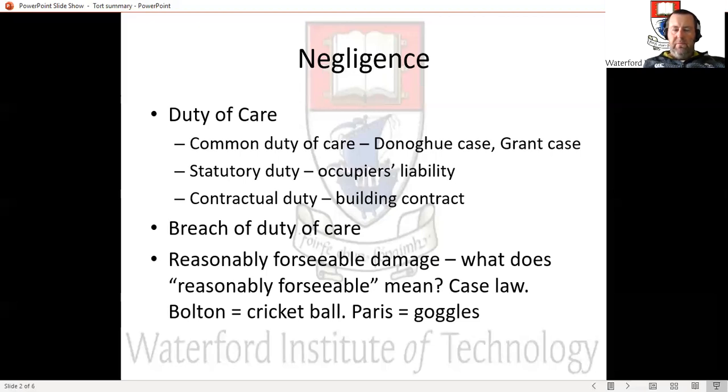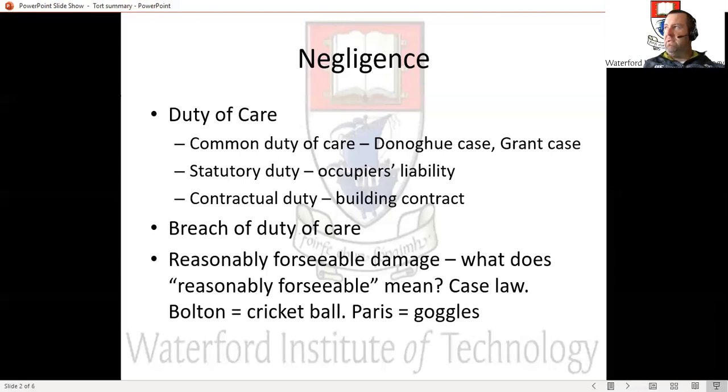So, for example, in the Bolton case, where the lady was outside her house and a nearby cricket ground was situated near where she lived, and someone struck a cricket ball and it went out over the perimeter fence and hit her. Now, I'd imagine if you got hit with a cricket ball in the head it'd be pretty painful.